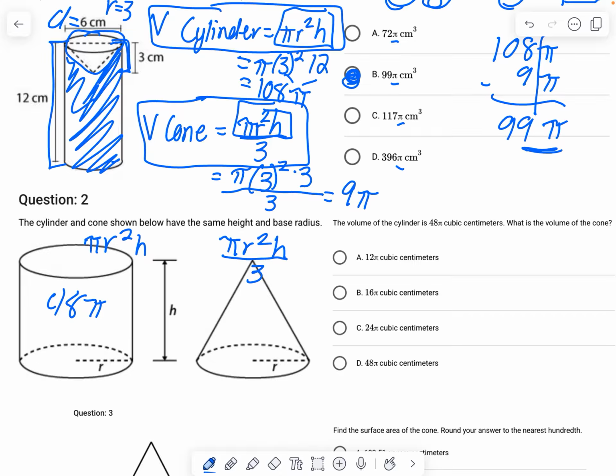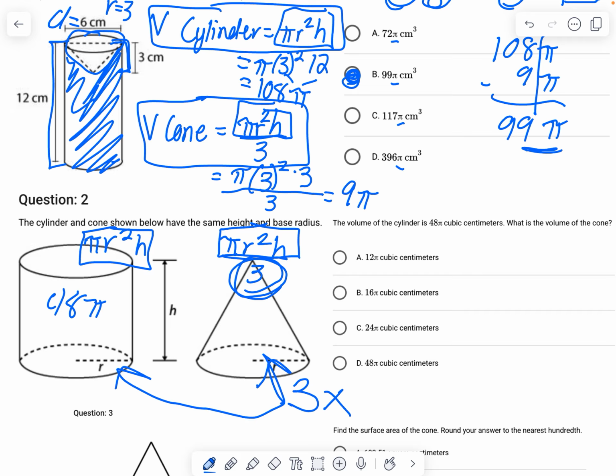We talked about this in class. The cylinder has the same formula as a cone, but we said that a cone is a third of a cylinder. I talked about if I filled that cone up with water, it would take this cone 3 times to fill up that whole cylinder out of the same amount of water.